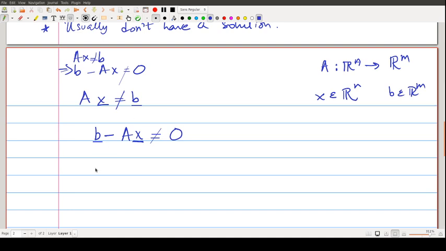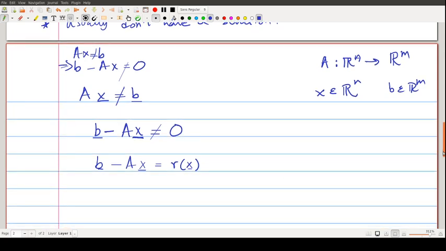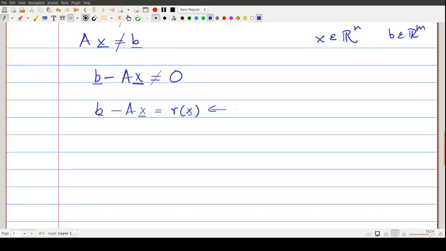So b minus Ax is going to be equal to something. Let's call this r. This r is a function of x, and we call this the residual.